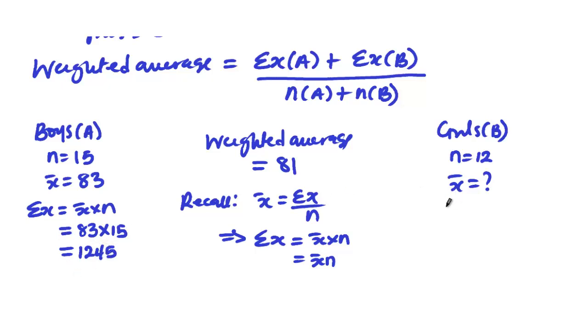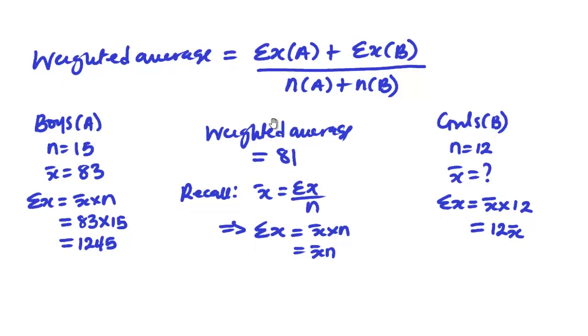Then let's do summation x for the girls. That is x bar for the girls, which we don't know and is what we are looking for, times the number of girls, 12. So this gives 12 x bar. And we have been given the weighted average, which is 81.